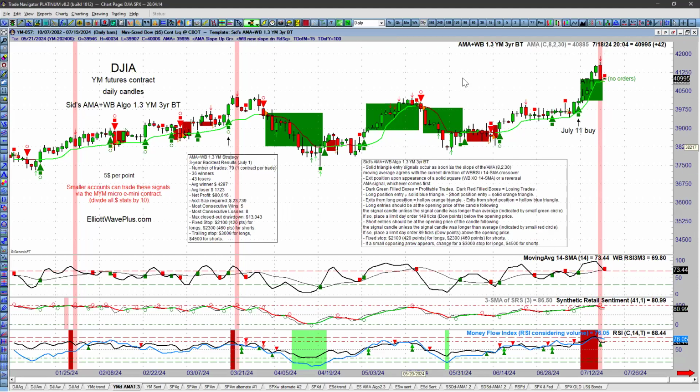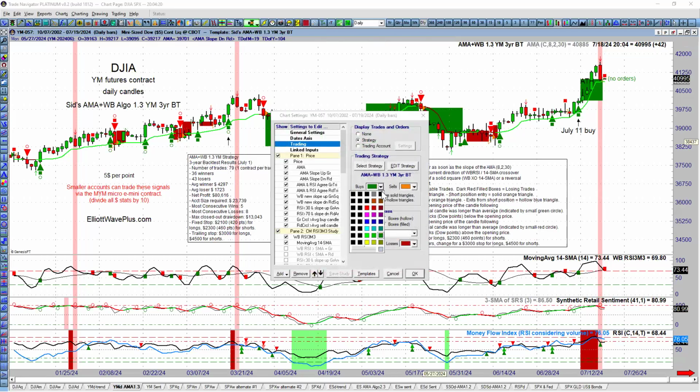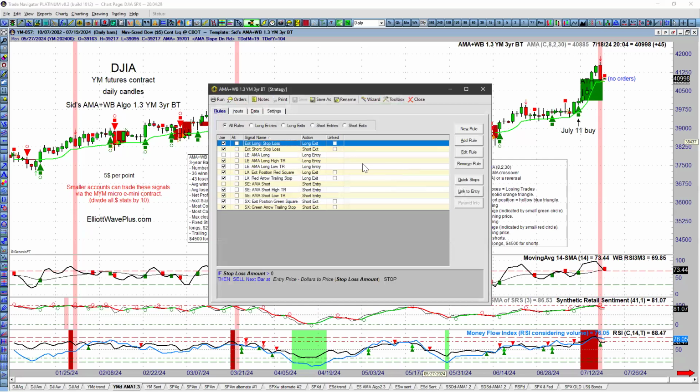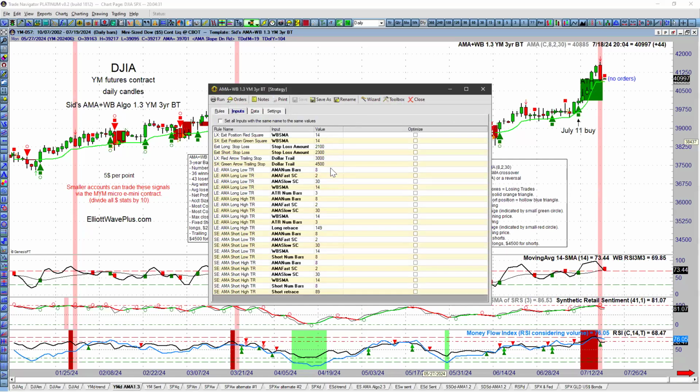As a matter of fact, you want to see all the things that I optimize for. I'll go here to edit this strategy. And we'll look, and there's all the parameters that I optimize for.